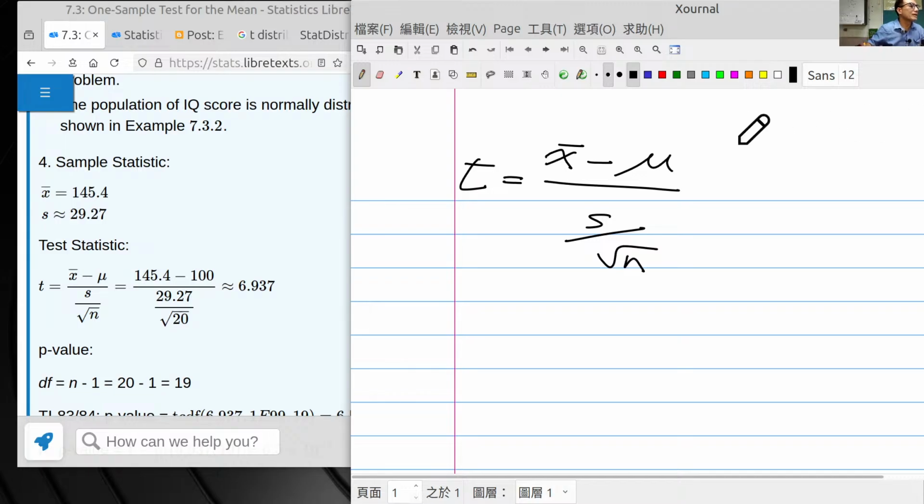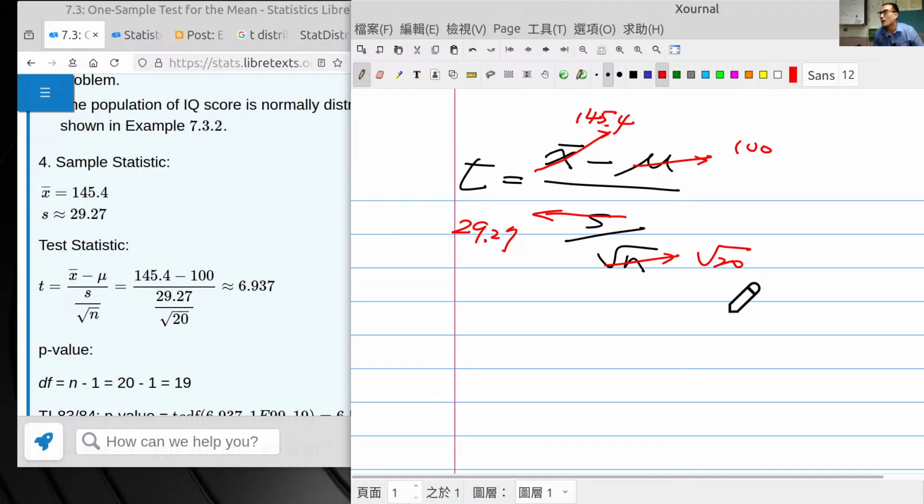Here we got x bar, that is 145.4, and according to the question, the average IQ is 100. And we got the sample standard deviation, that is 29.27, divided by square root of 20.